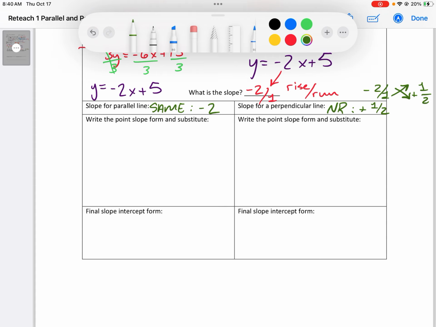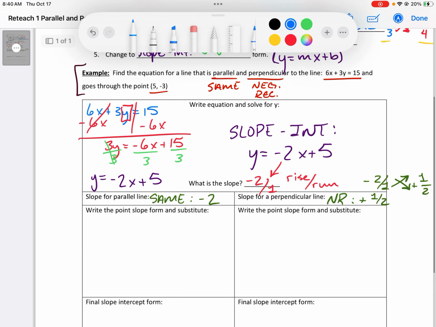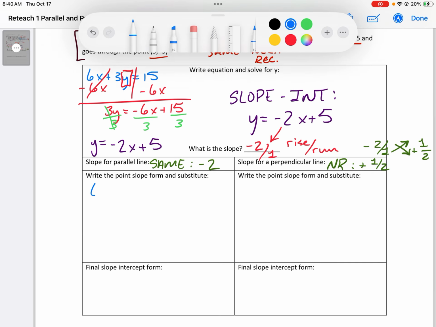So it is +1/2. Now, I do have this point that it goes through. It says 5, -3. They both go through 5, -3. And now I know their slopes, -2 and +1/2.